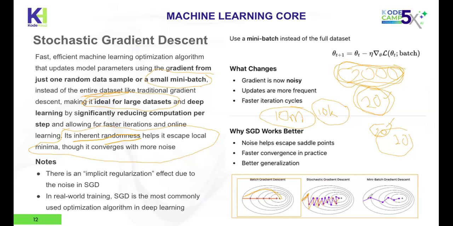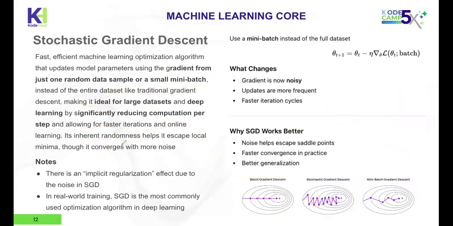It can then help you to jump out of a local minimum and begin to move and descend towards maybe another local minimum, then jump out until it gets to a global minimum. So that's what we call it helps it to escape local minima, right? But it converges with more noise. So it's more noisy in the convergence. It's not a big problem, I guess. The noisy convergence is not really a big problem, right?